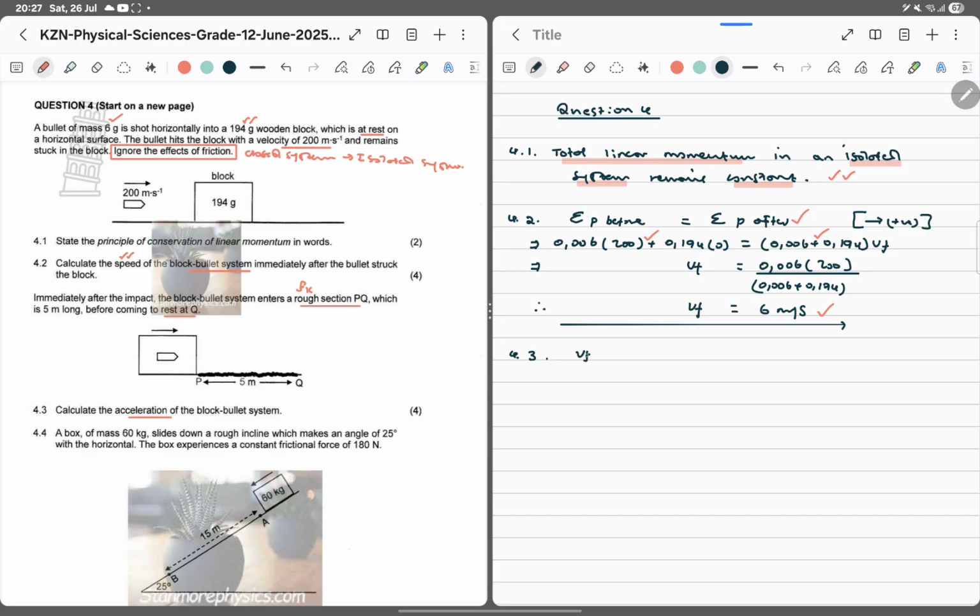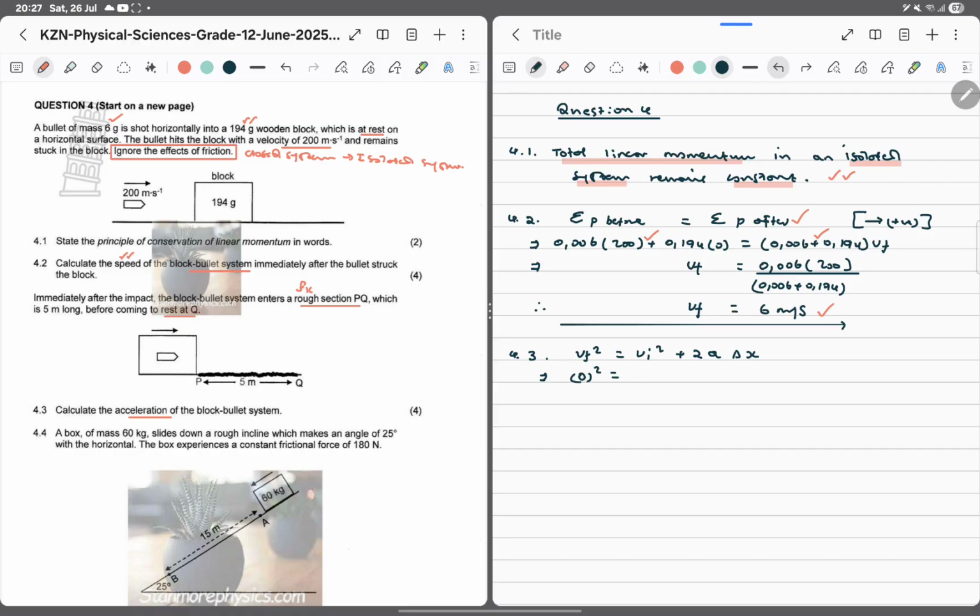So we know that the final velocity squared equals the initial velocity squared plus 2aΔx. Be very careful this time. The acceleration is not g, and the displacement is not y. So this is the story. Final velocity is 0.